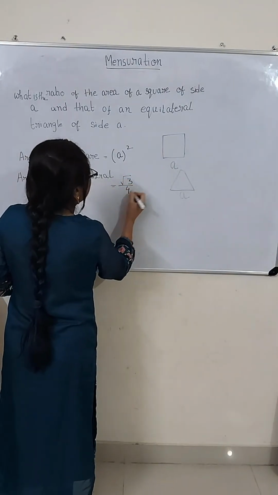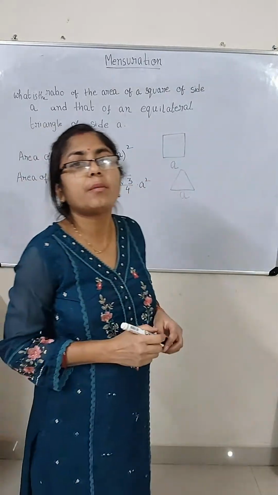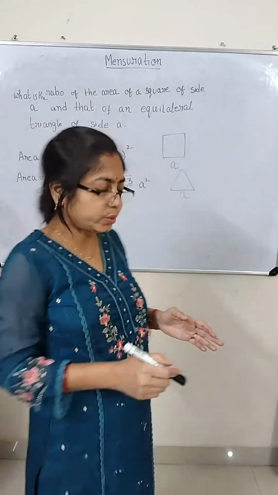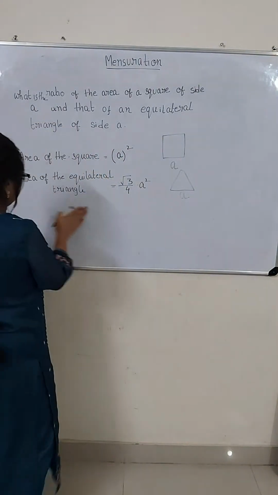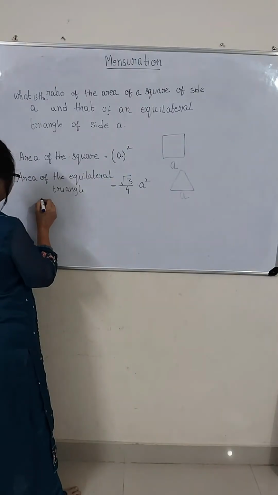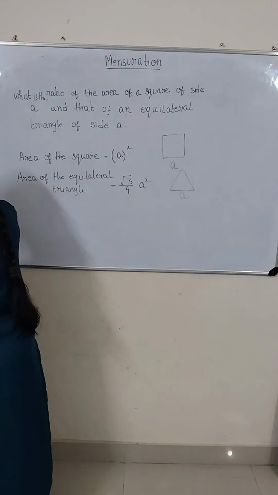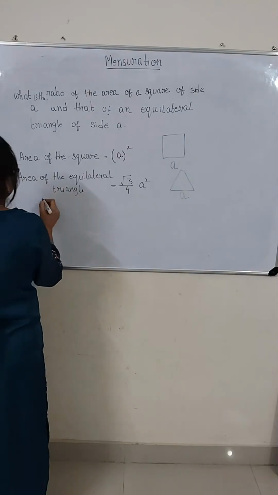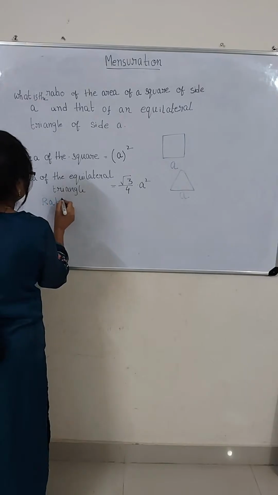Root 3 by 4 into A square. Now find out the ratio.